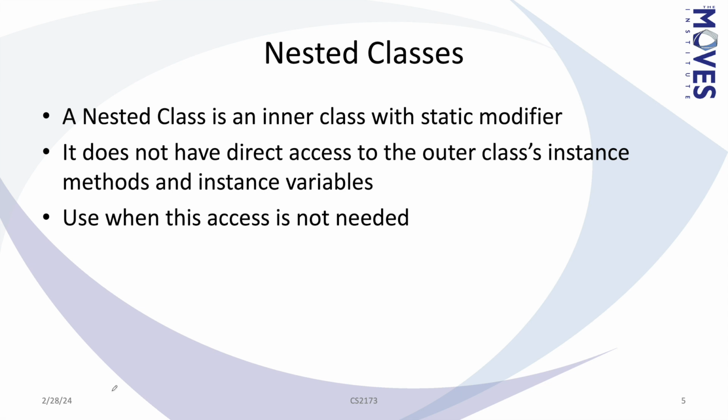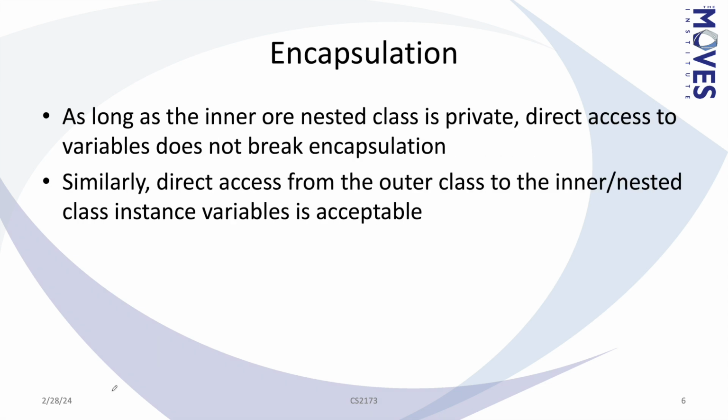So if you don't need access to those instance variables in the outer class, then a nested class is preferred. But if you need it, then you want an inner class, that is without the static. And we'll see an example of both of them.